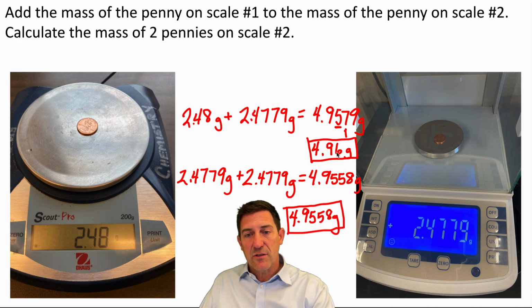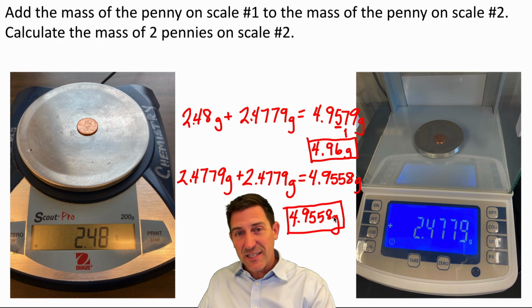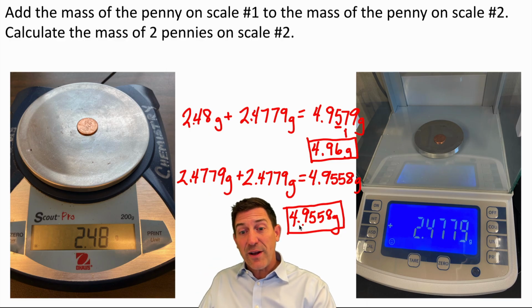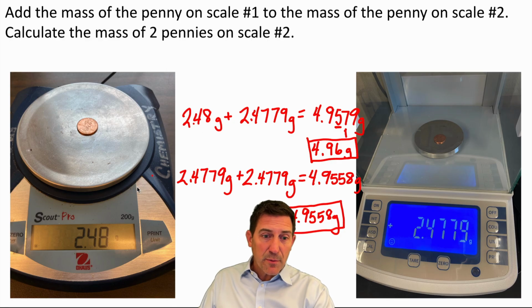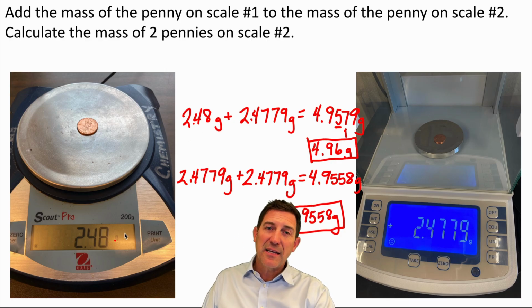Now here's the thing. Let's compare these two. This one has been rounded off to 2 places after the decimal because one of our measurements wasn't very precise. This one is rounded off to the tenths, hundredths, thousandths, ten thousandths, and it's showing that this is a really precise measurement. These numbers are not exactly the same because one of our measurements was made using a less precise scale.